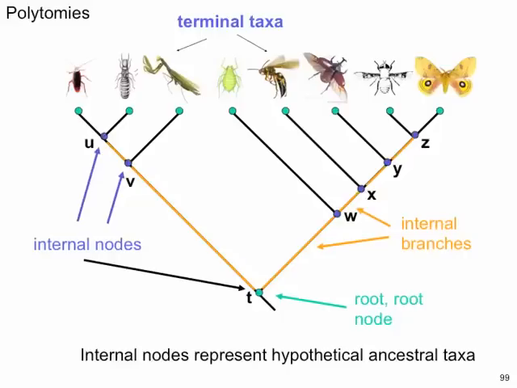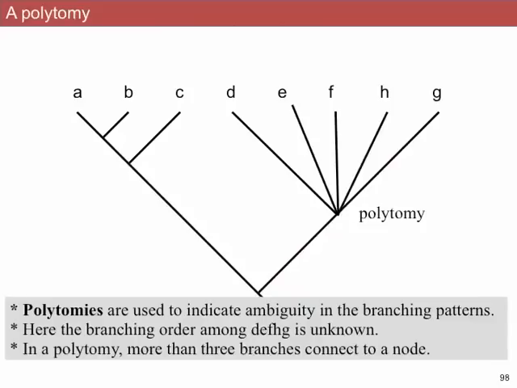Question. Yeah, question. You can go ahead. So polytomy is 3 or more branches? Yes. A polytomy is 3 or more branches coming out of a node, but this is correct on the figure here. It says more than 3 branches connect to a node.